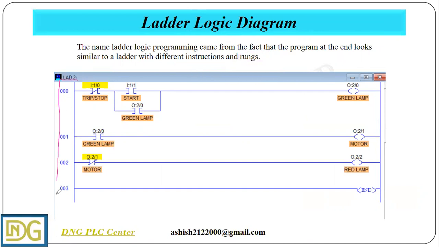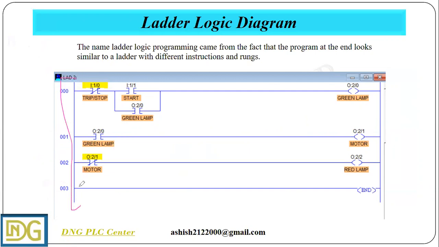So this line is called a rail. These numbers show our rung numbers: this is rung 1, this is rung 2, this is rung 3, and this is rung 4.